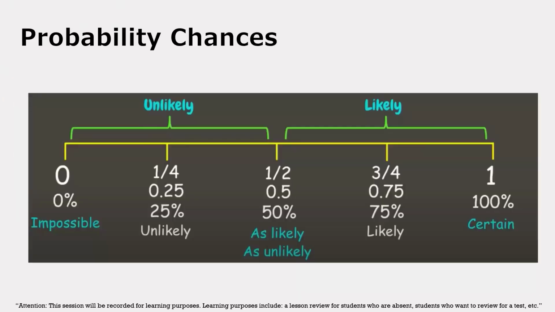Now, we can talk about probability in a variety of ways. We can use fractions, decimals, percentages, or words to describe our probability. If we're talking about the weather, a lot of times the weathermen will use a percent. They'll say there's an 80% chance of rain. Well, if there's an 80% chance of rain, that's pretty likely that it's going to rain. Or maybe you're at a sporting event and you have a major underdog.